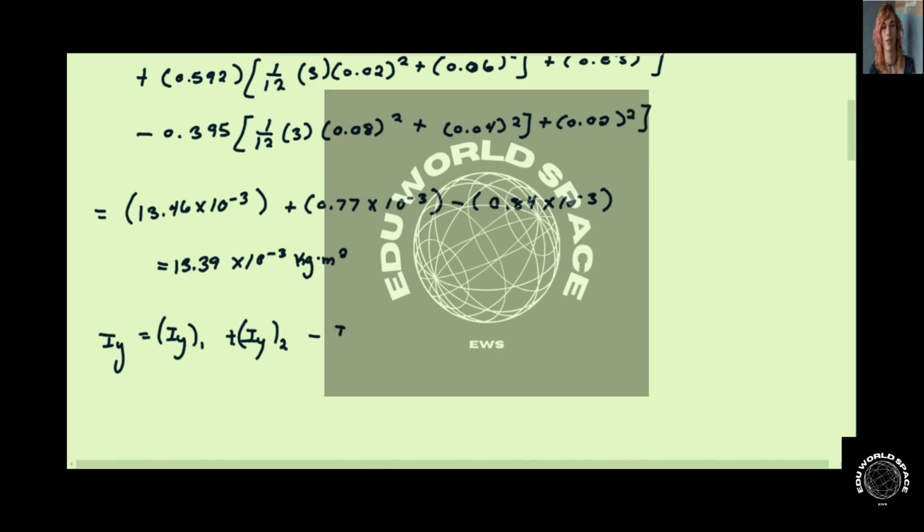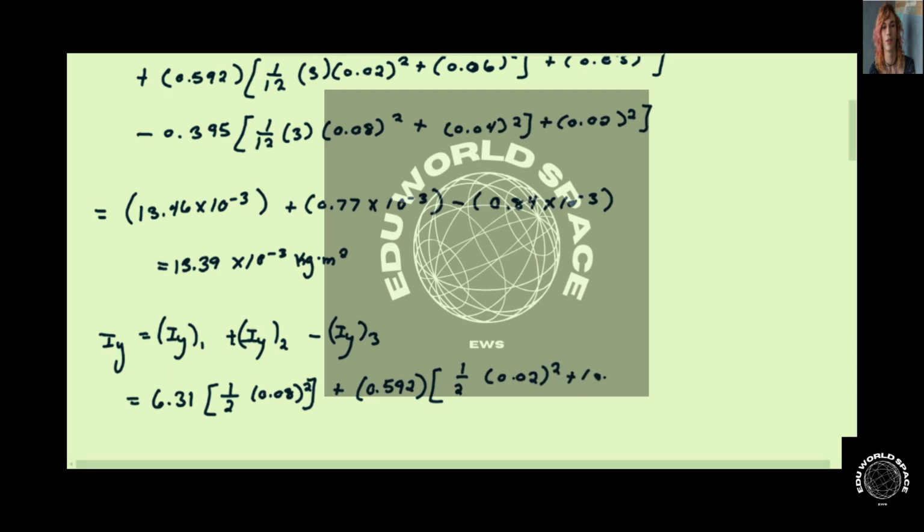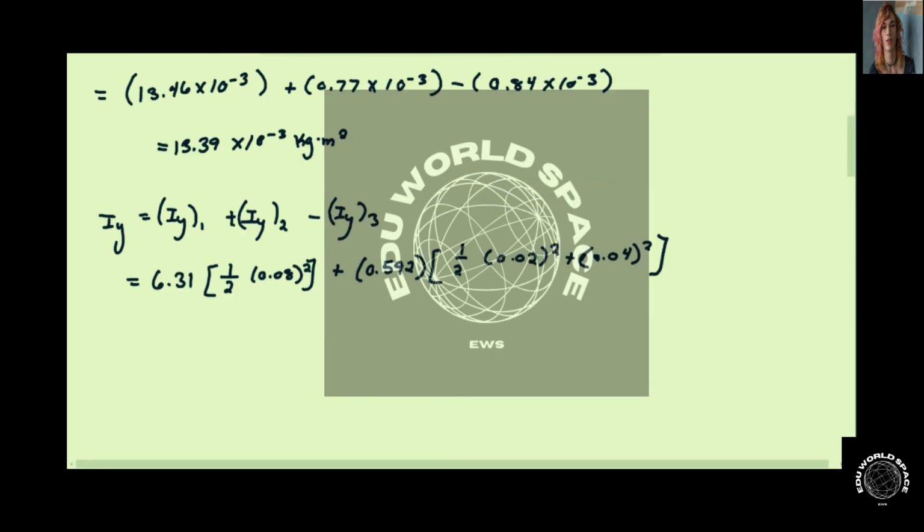So we have 6.31 times 1/2 times 0.08 squared, plus 0.592 times 1/2 times 0.02 squared plus 0.04 squared, minus 0.395 times 1/2 times 0.02 squared plus 0.04 squared.